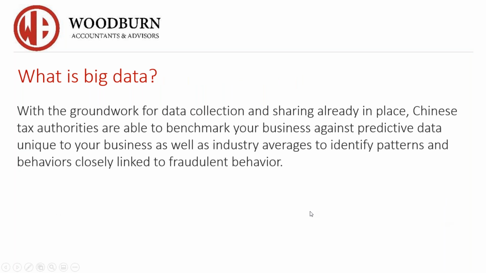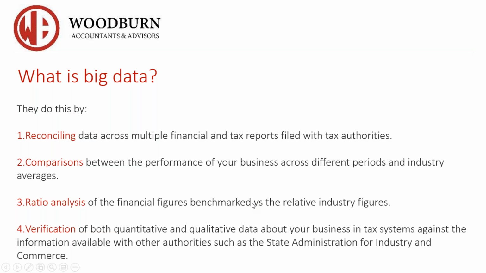And this is why they've created the concept of big data. And big data is actually the tax authorities' term for all of the data collection in order to be able to identify red flags or fraudulent activity. And there are 4 ways that the tax authorities do this. One is by reconciliation. So it's data across the multiple reports that are filed with the tax authorities. 2 is comparisons.